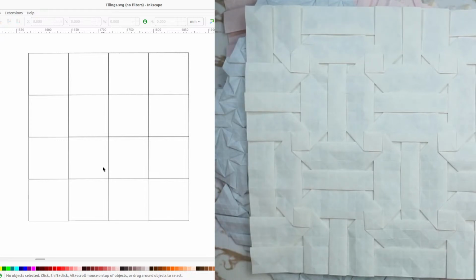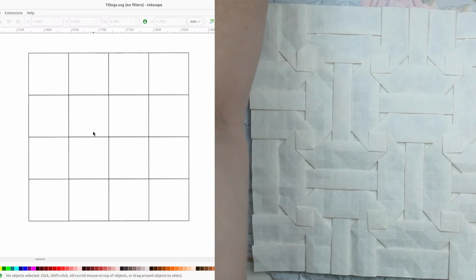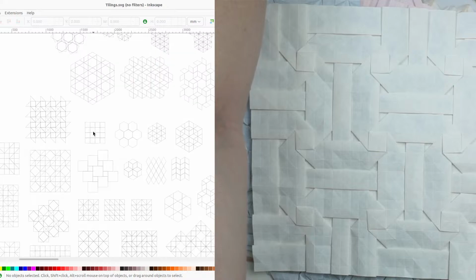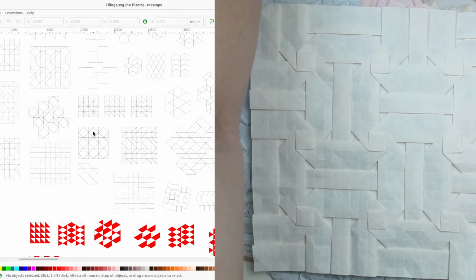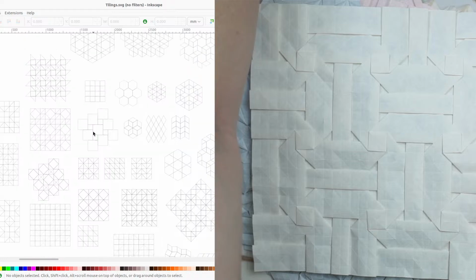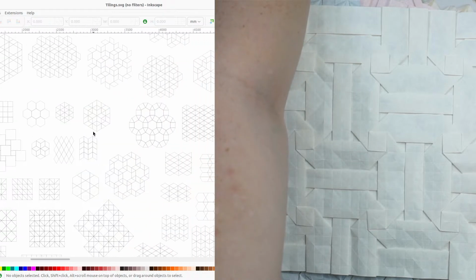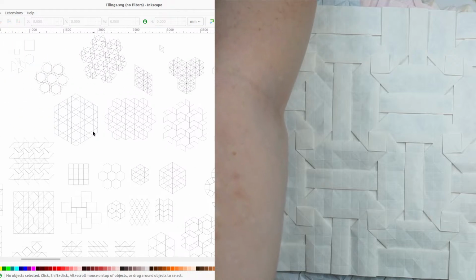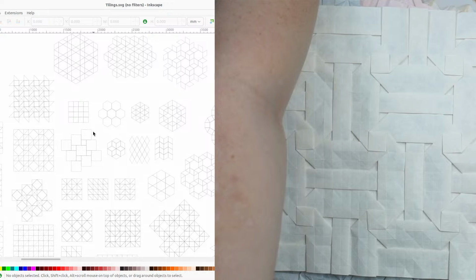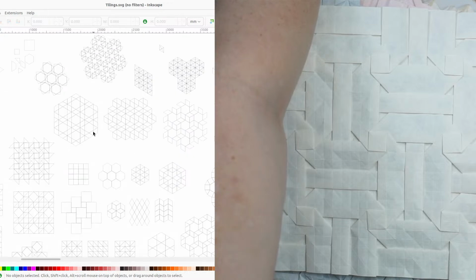So if the diagonals are leading into the squares, that is going to make a different tiling than if the horizontals and verticals are going into the square. And I can see this is going to be, well, I'll go ahead and generate it.